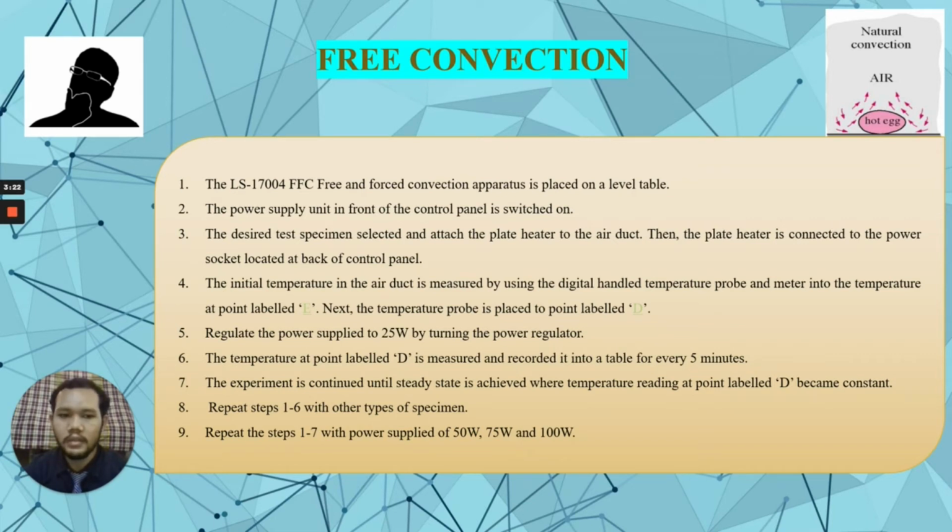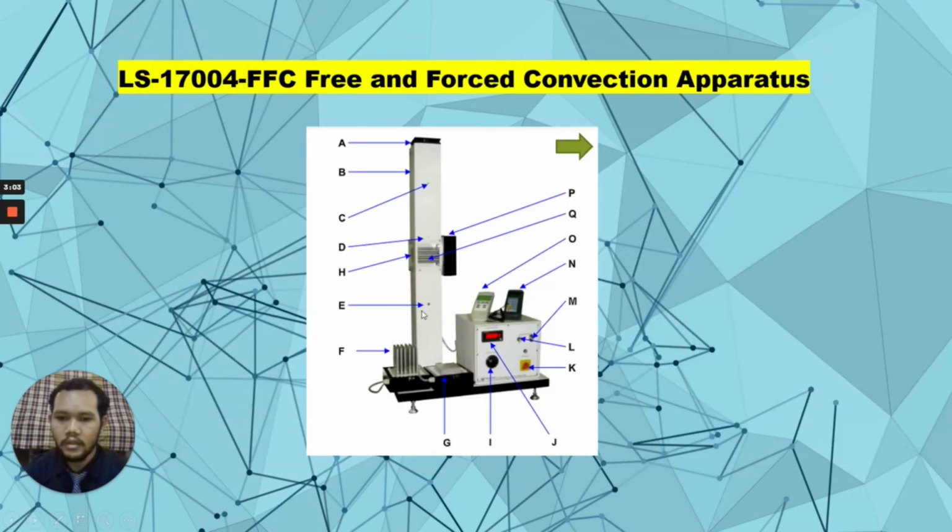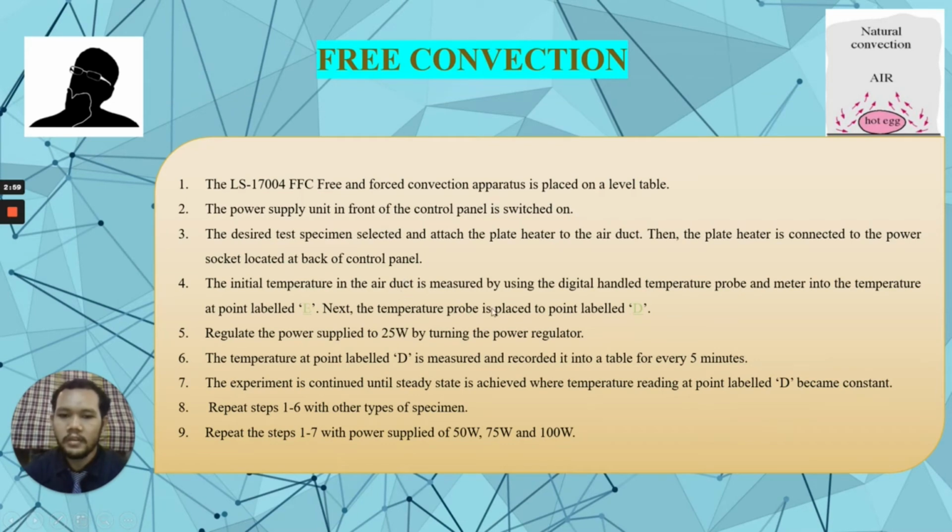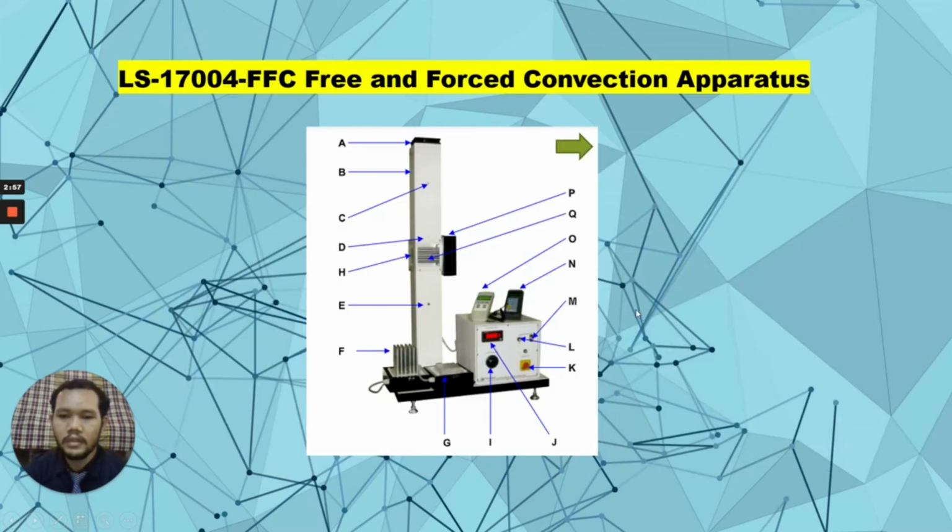Then the plate heater is connected to the power socket located at the back of the control panel. The initial temperature in the air duct is measured by using the digital handheld temperature probe and meter at level E. Next, the temperature probe is placed at level D.